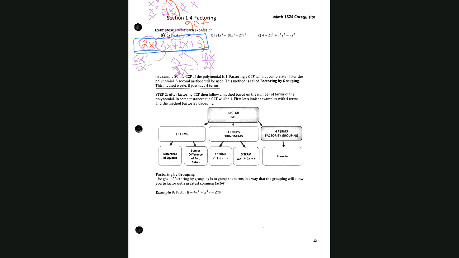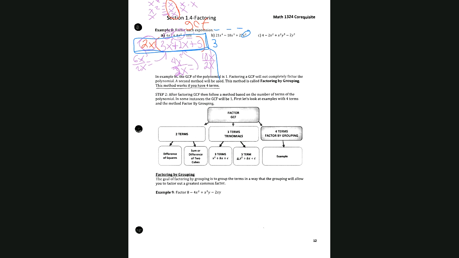Now moving on to the next example. Our coefficients are 21, negative 18, and positive 27. All of those numbers could be divided by 3. So I'm going to factor out a 3, and also they all have an x in common. However, I'm going to choose the one with the smallest exponent because that means that they all have it, at least x squared.